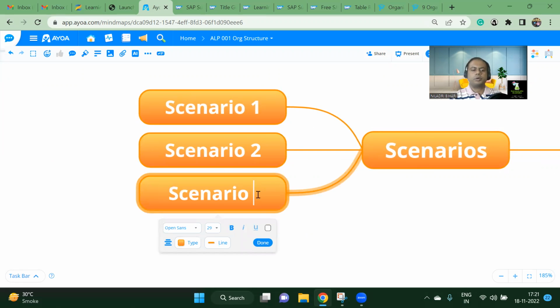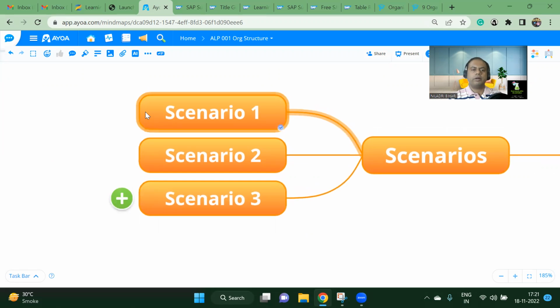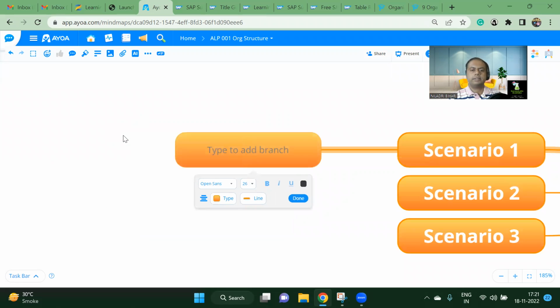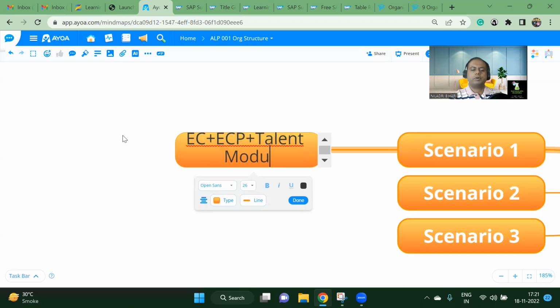The first scenario is very simple. We already have EC plus ECP, and we are having the talent modules being implemented. So there is nothing much to worry about in that structure. It is very straightforward.